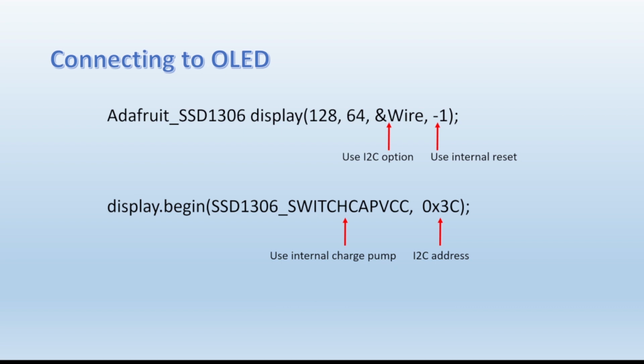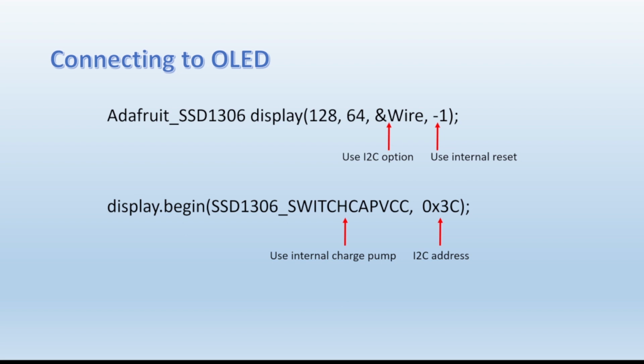The pin is used to reset the display if you're using SPI. We're not using SPI, so we're going to reset internally, so we don't allocate a pin number. -1 doesn't exist as a pin, and therefore we put that in there.